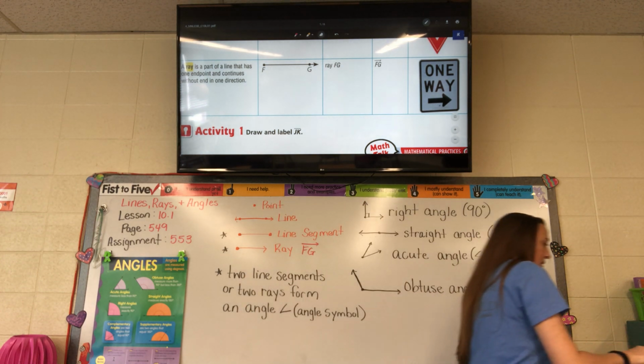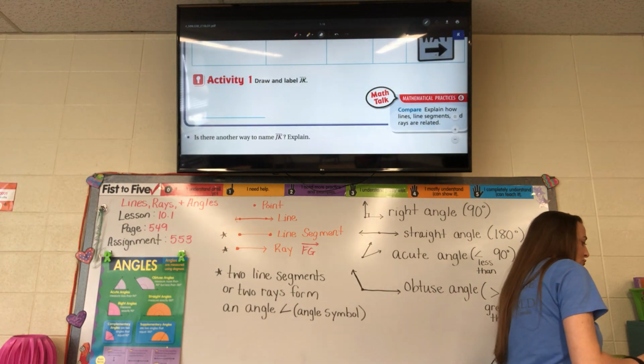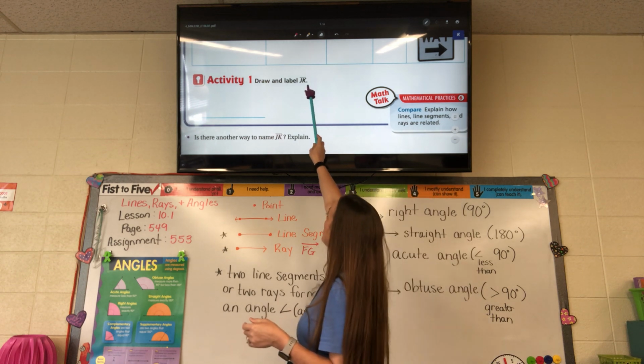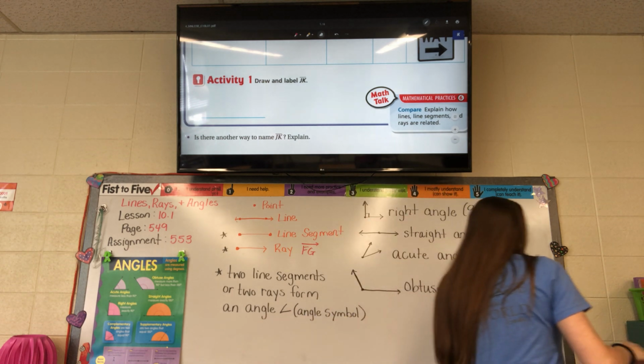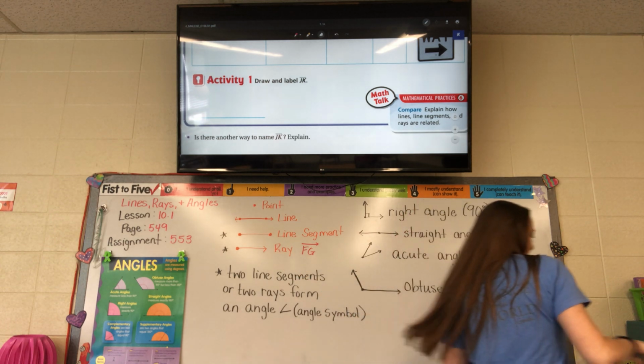Okay, so the first activity that we're going to do is draw and label line segment JK. We know that a line segment has two endpoints.